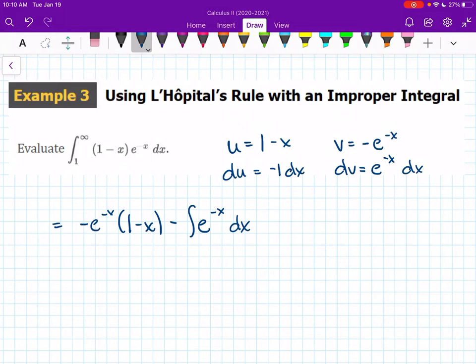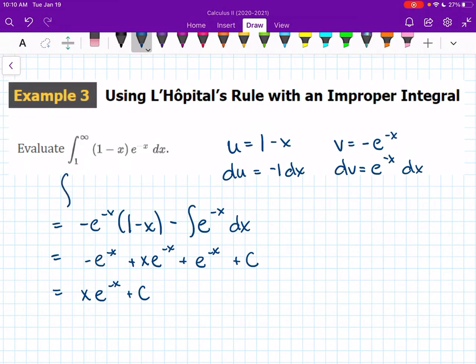Okay, and so now I'm going to distribute that negative e to the negative x, so negative e to the negative x plus x e to the negative x. And then I'm going to take the antiderivative of e to the negative x, which is negative e to the negative x, but there's already a negative, so positive e to the negative x plus c. And then combine like terms, so the first and third term will cancel, so I just get x e to the negative x plus c.